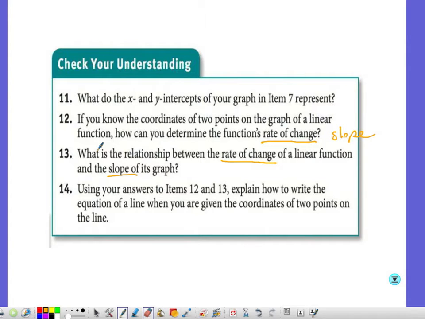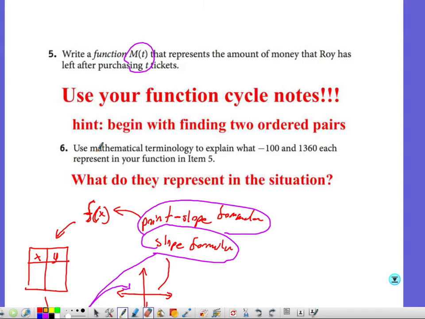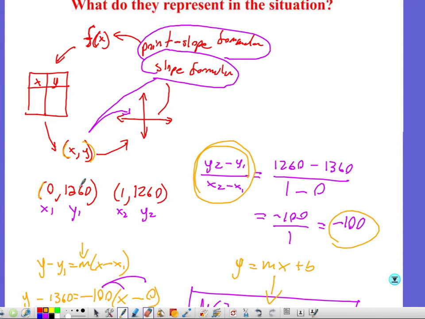Number 14. Using your answers to items 12 and 13, explain how to write the equation of a line when you are given the coordinates of 2 points on a line. Again, that's directly from the function cycle. That's basically what we did here. We took these 2 ordered pairs and plugged them into the slope formula. The slope formula only gives you a slope, only a number, not an equation.